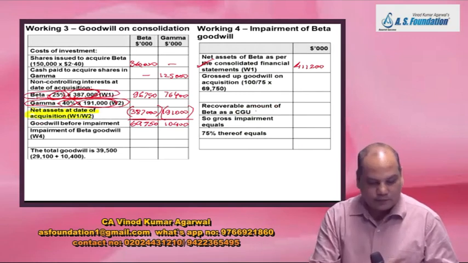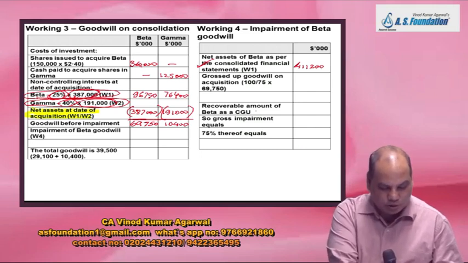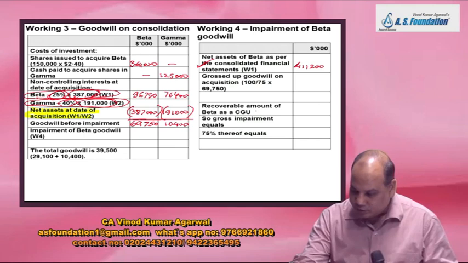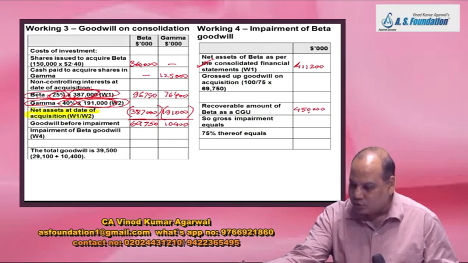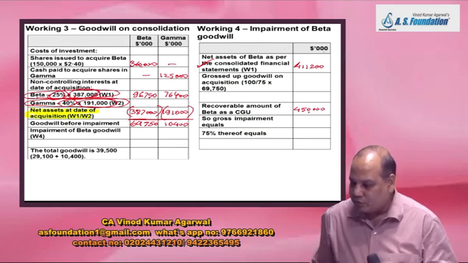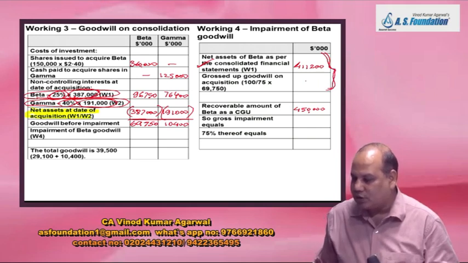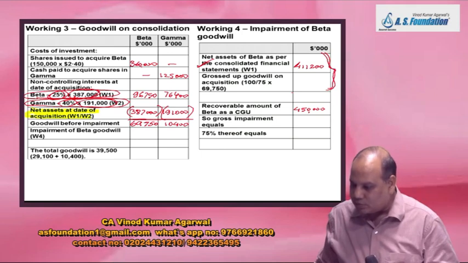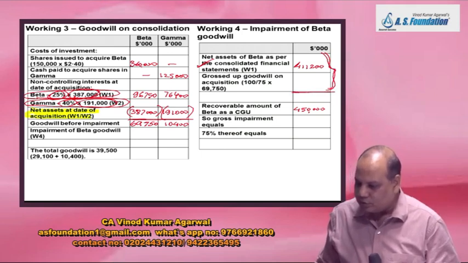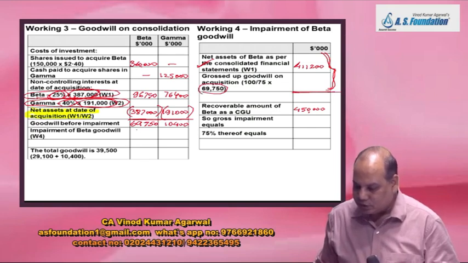Now you are given recoverable amount of beta including goodwill, which is 450 million. So in order to make these two numbers comparable, we will also temporarily assume goodwill of NCI also. Of course, that we will not consider in the final answer. But to make the two numbers comparable, we'll take full goodwill. So grossed up goodwill on acquisition, 69,750 we have calculated.